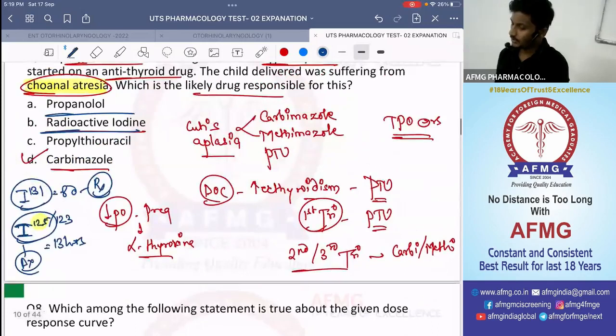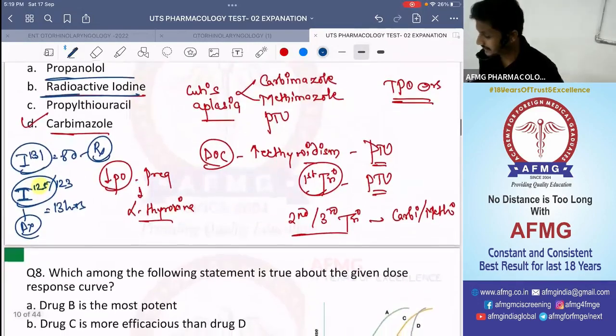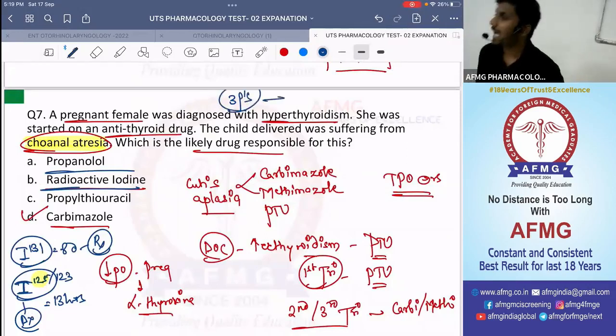ठीक है, तो याद रखो ये बात. And propylthiouracil along with prednisolone and propranolol, all these 3 P's. Okay, propylthiouracil, prednisolone and propranolol. These 3 P's will inhibit the conversion of T4 to T3, and this is what is called peripheral conversion.